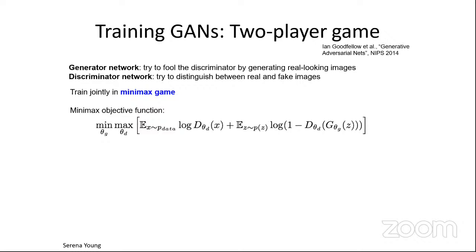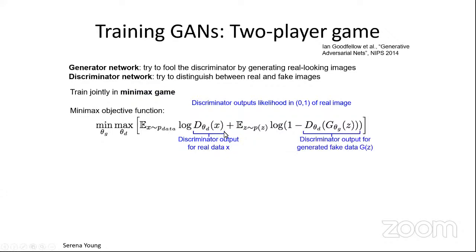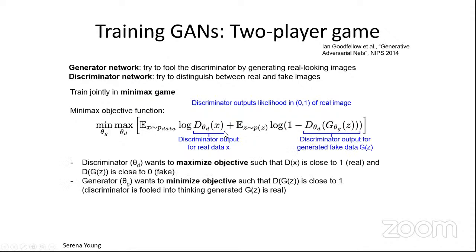E once again stands for expectation, which is nothing more than averaging, because we are dealing with a finite number of examples only. So this part is the discriminator output for real data X. Discriminator gives it its score, and this part is the discriminator output for generated fake data G of Z.